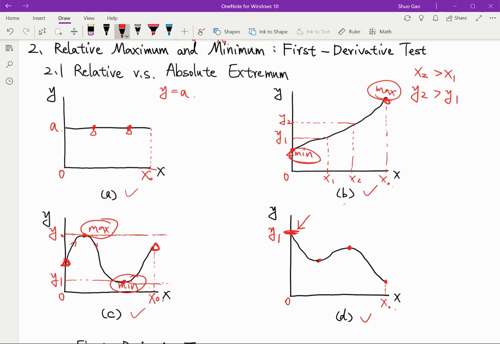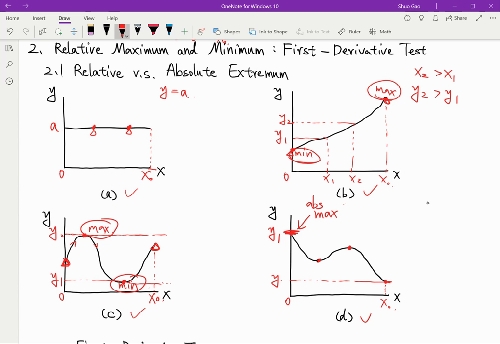So actually, the endpoint here, when x equals 0, is the absolute maximum value for the function y in the domain.